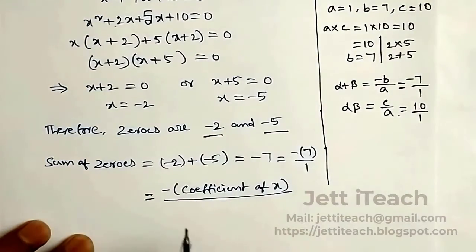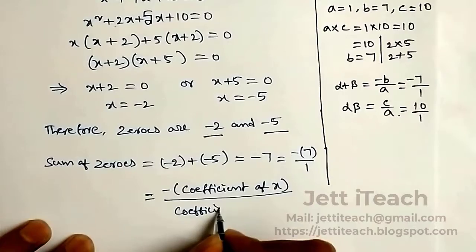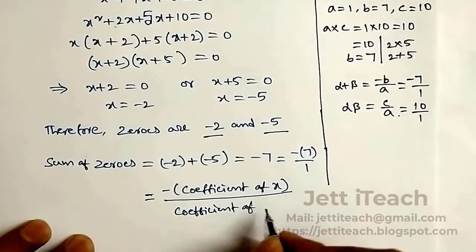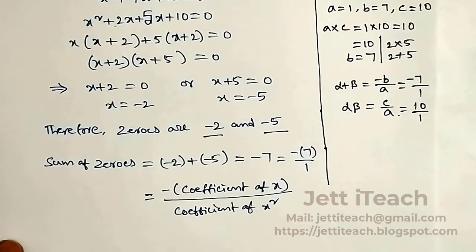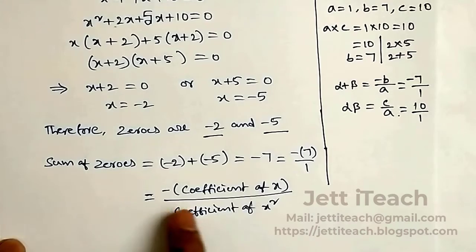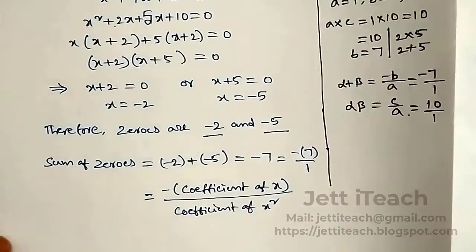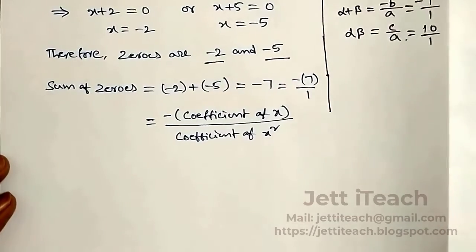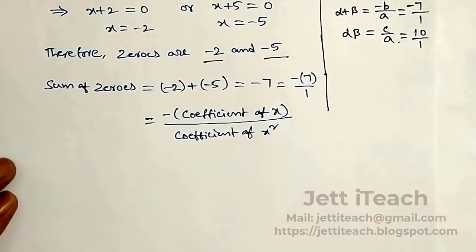It's the coefficient of x square. Sum of roots, sum of zeros, equal to minus coefficient of x divided by coefficient of x square. Now you can see another observation, that is the product of zeros.